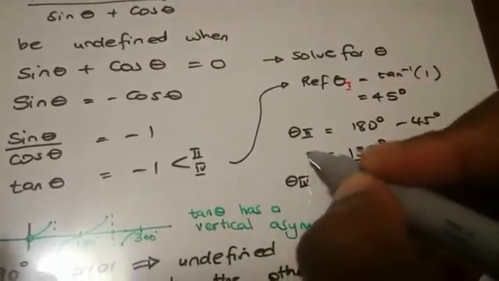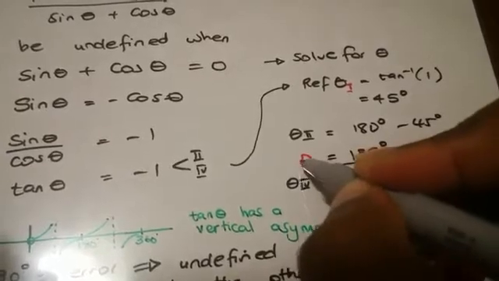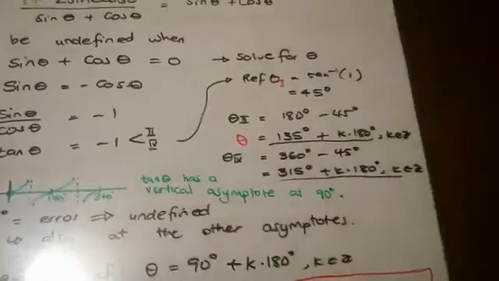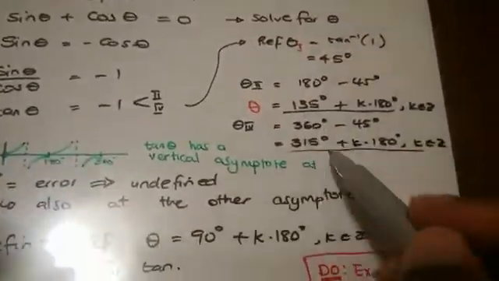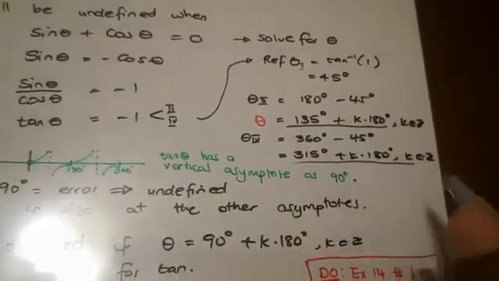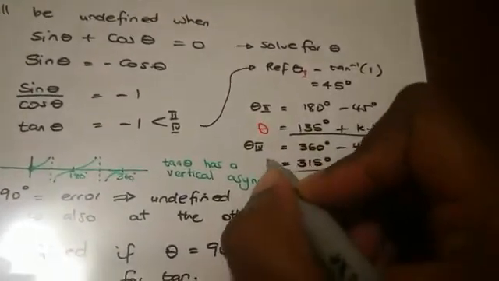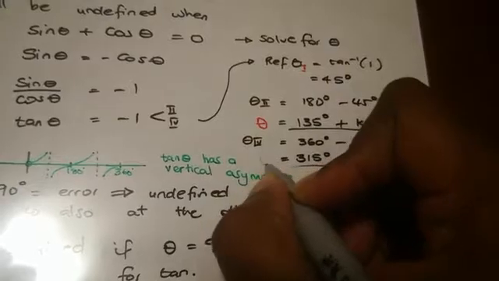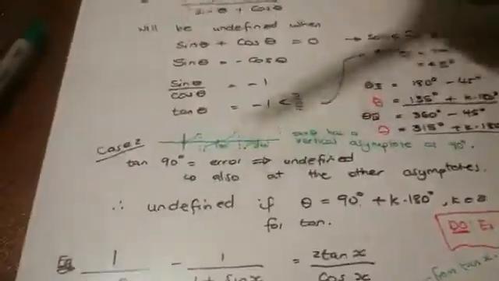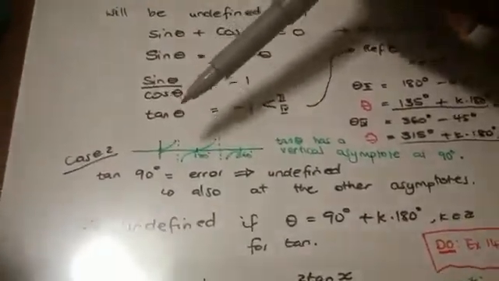Okay, so that's the first general solution here. And then your second general solution is going to be 315 in the fourth quadrant, where tan is negative again.